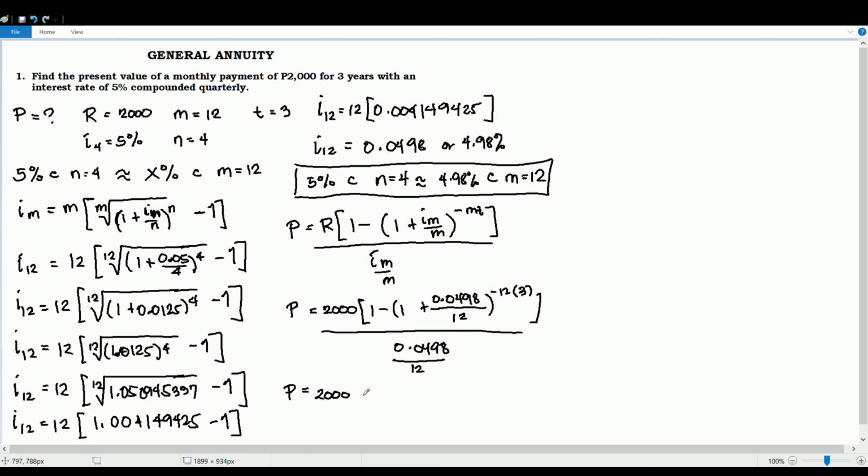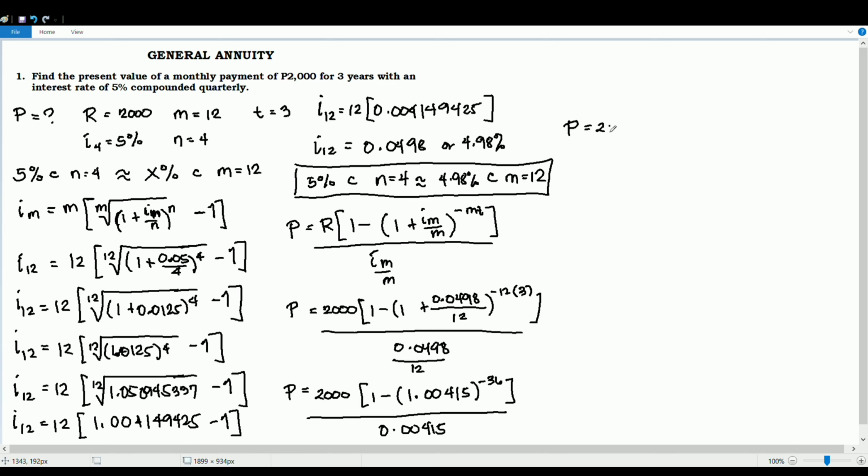So continuing the process, let's solve the numbers inside the quantity. We have 2,000 pesos times 1 minus, that is 1 plus 0.0498 divided by 12 is already equal to 1.00415 raised to negative 36 over the denominator, which is just 0.00415. So continue. Our present value is equal to, we have to get the negative 36th power of 1.00415.